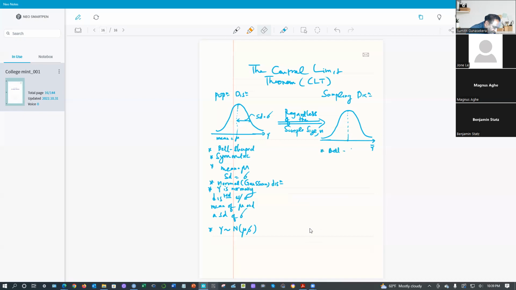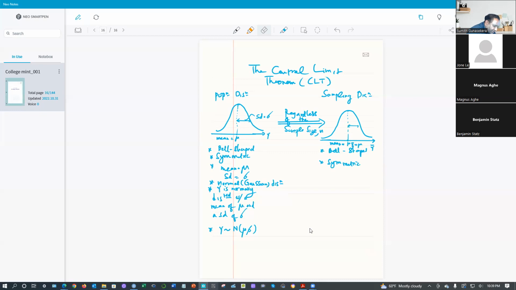I'm going to write the properties here too. Bell-shaped, symmetric. The mean, how do you denote it? Mu of y bar, same as mu. You can remember we found that one.